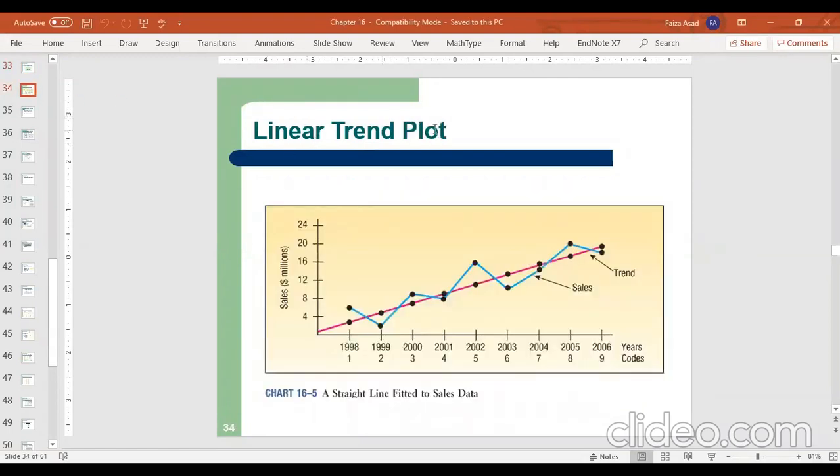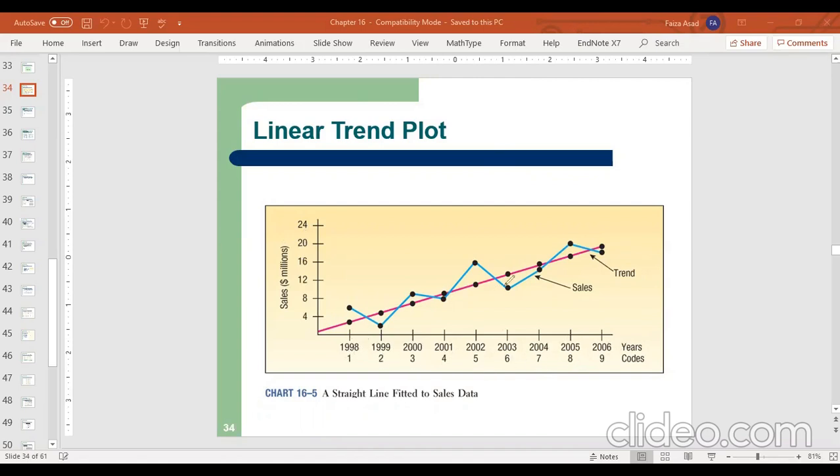So here is the linear trend plot. The blue line is showing the sales data, and the pink line is showing the trend line. The sales are on the vertical axis, and the horizontal axis shows the years and the codes for each year. The years are coded with numerical values from 1 to 9.